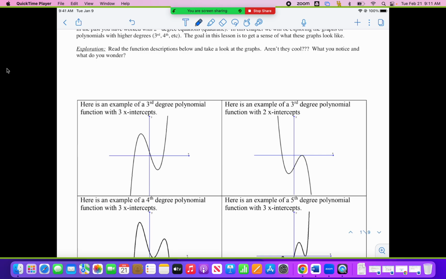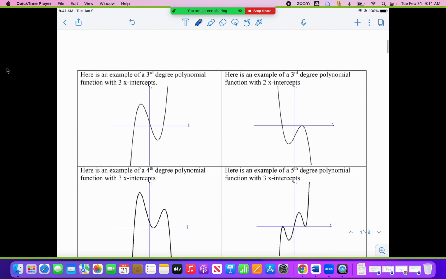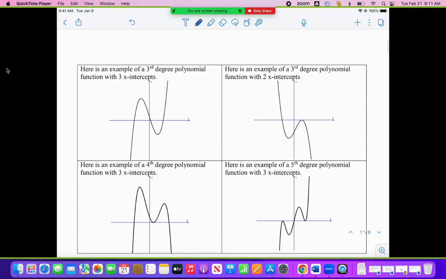And what do you notice? What do you wonder? So let me give you a moment. Look at all 4. Look at what it says the degree is, the x-intercepts. What do you notice? What do you wonder?